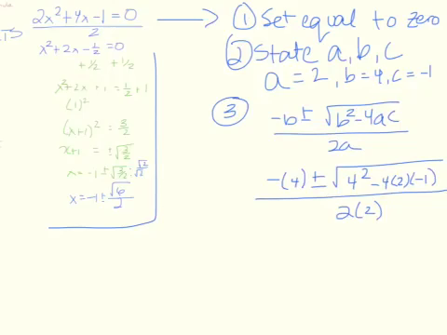At this point, that would equal negative 4 plus or minus the square root of 16 minus 8 divided by 4, which would be negative 4 plus or minus the square root of 8 divided by 4. Good catch, it would be plus 8.